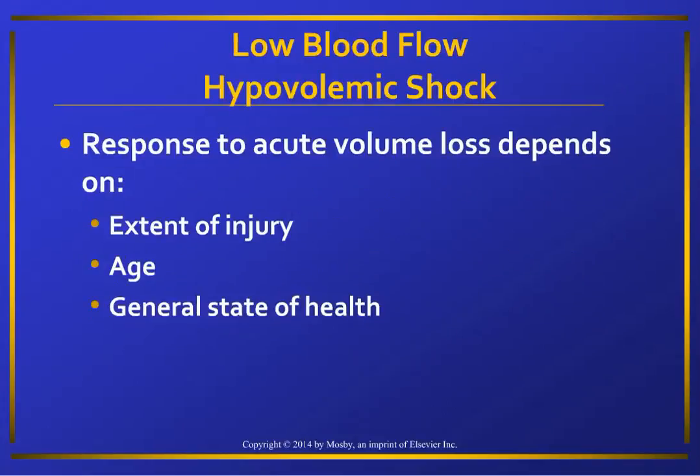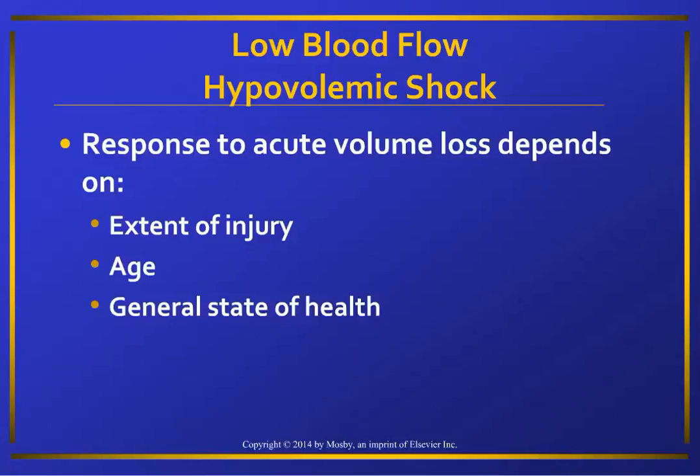The patient's response to an acute volume loss depends on the extent of the injury, the age, and the general state of health. The overall assessment of physiologic reserves may indicate the patient's ability to compensate. A patient can compensate for a loss of up to 15% of the total blood volume, which is approximately 750 milliliters.